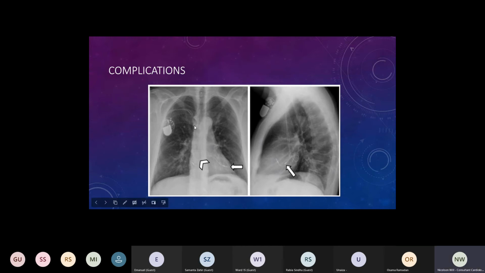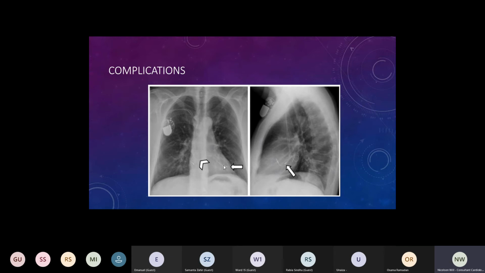So our lead is supposed to go into the right atrium, and it's also supposed to go into the right ventricular apex. And this lead, rather than going in across the tricuspid valve, has gone through a patent foramen ovale and is now in the left ventricle.